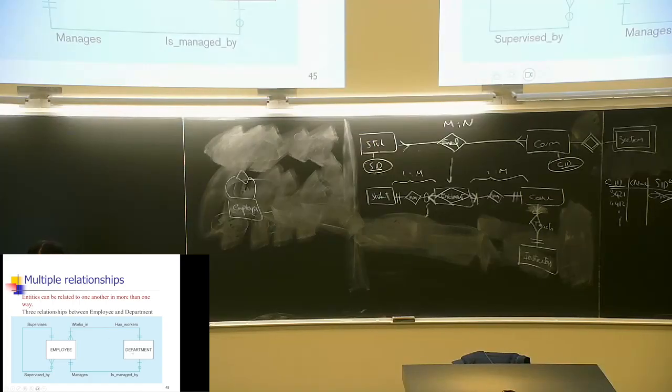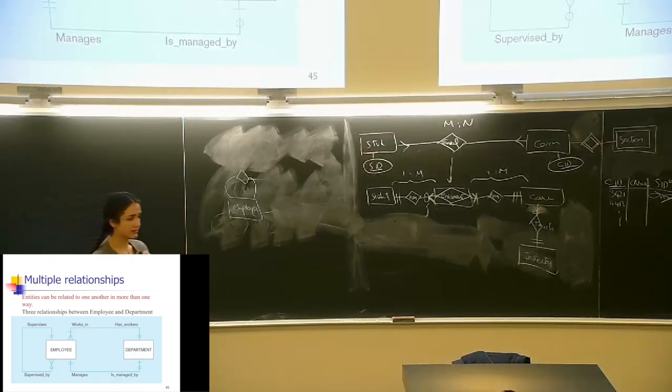So this is an example of a one-to-many relationship. Another relationship between these two entities is that each department is also managed by an employee, right? The role of that employee is a manager, right? But still, a manager is also an employee, right?